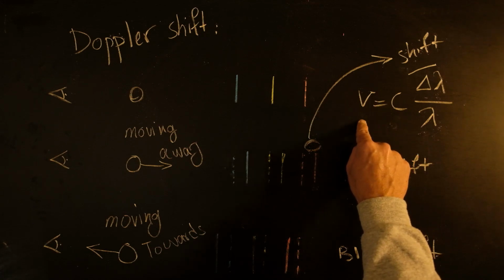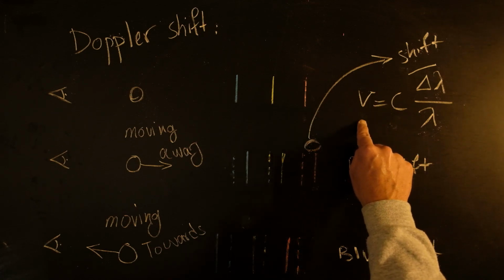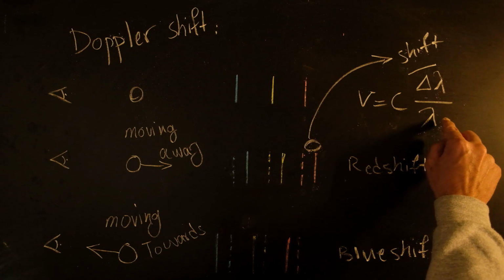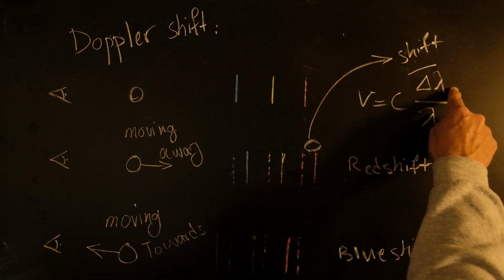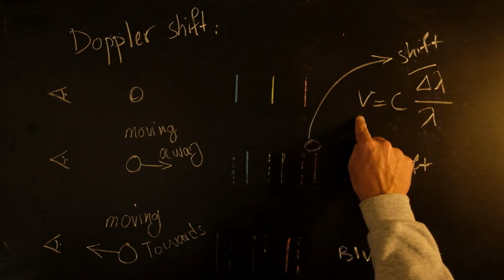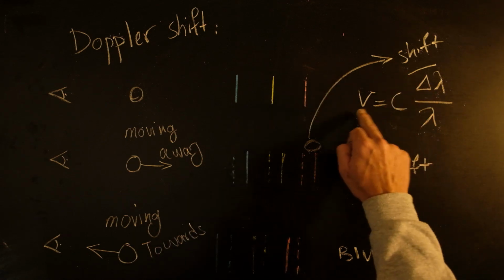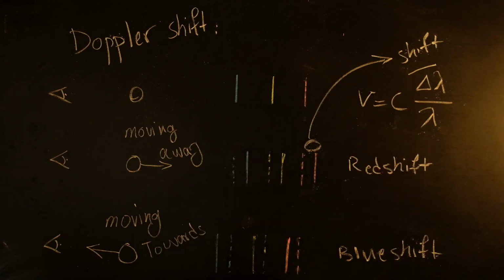That will give you the velocity. Okay, and because you're using the same unit for lambda and delta lambda, velocity is in kilometers per second, just like c. This is extremely important to calculate the speed or velocity of different objects in the sky.